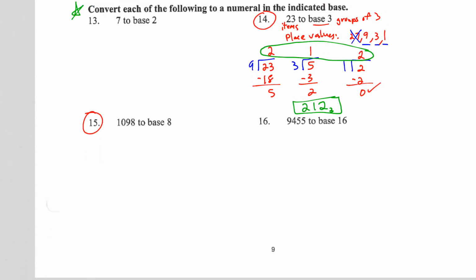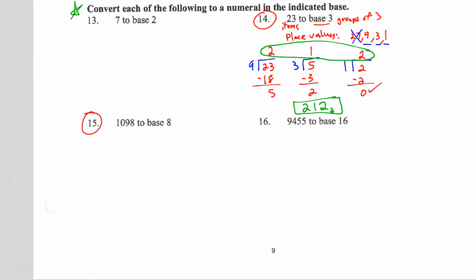Okay, so let's take a look at base 8, same process. We have 1,908 items. We want to make groups of 8. And so we want to do the place values of 8.